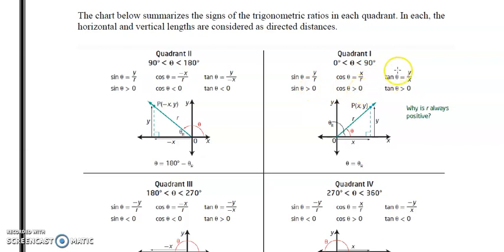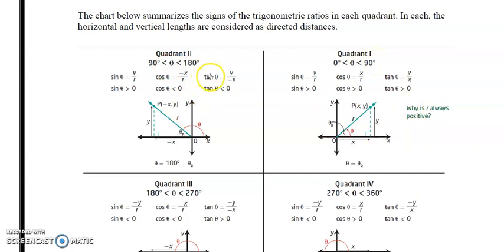Cos is also positive, and tan is also positive. Why is r always positive? Well, r is always positive because your x value is always positive and your y value is always positive. So all your primary trig ratios, sine, cos, and tan, in quadrant 1 will be positive for that reason.